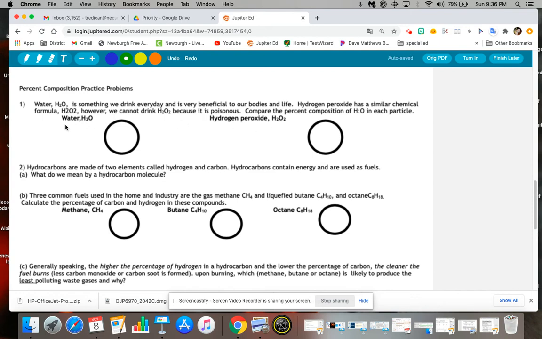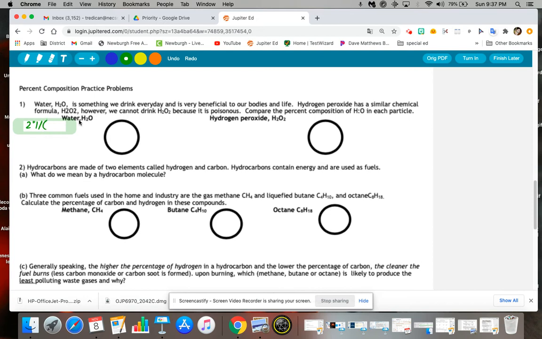You're going to need your periodic table to do this because we have to use gram formula masses. So we have 2 hydrogens. I'm going to find the amount of hydrogen is 2, and the mass is 1. Periodic table says so. So that's my numerator. And then I'm going to divide by the whole thing.